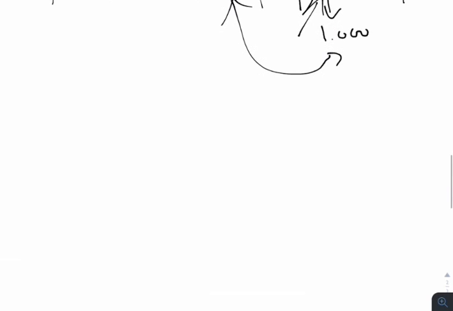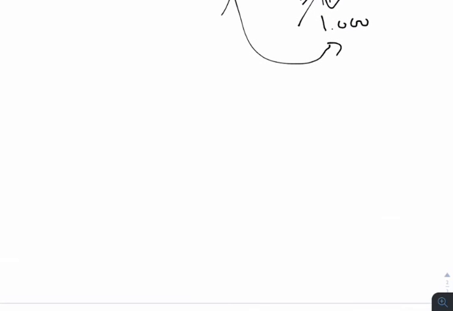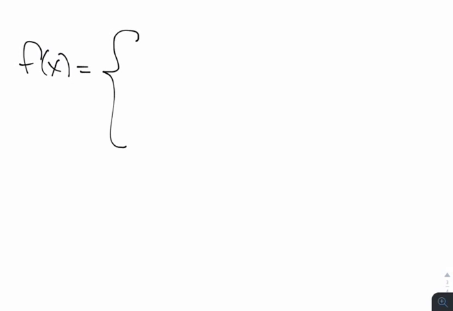For our last one, we are going to be doing a piecewise function again. So it's going to be f of x. We have f of x is equal to this piecewise function of x squared as x is less than or equal to 2.